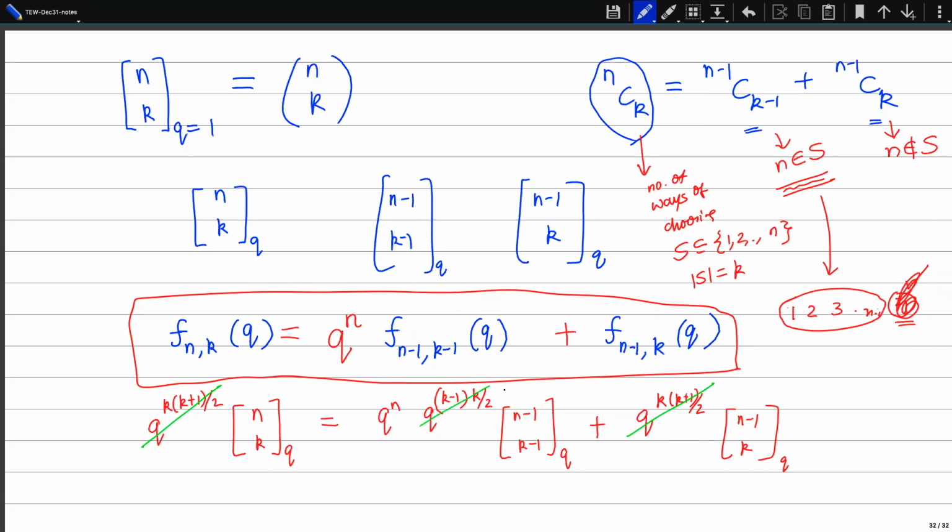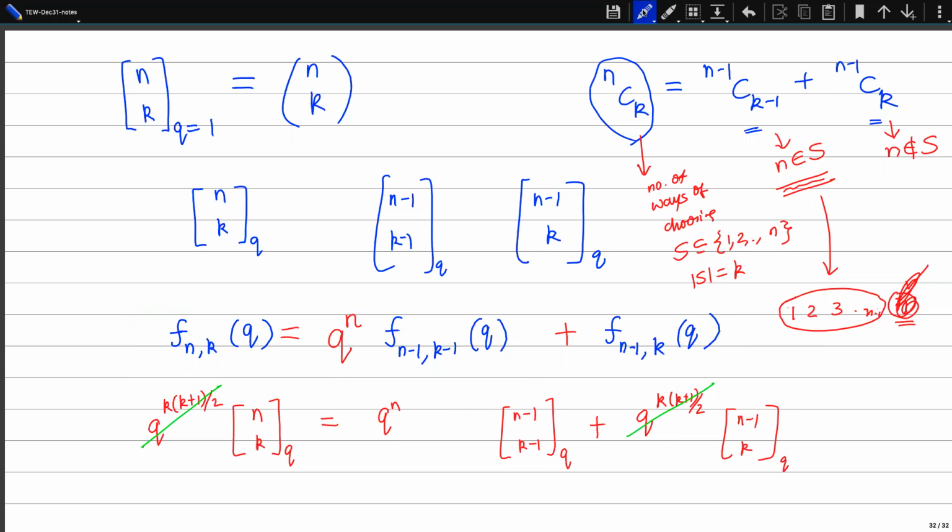Okay, so when I cancel one, I'm left with q to the minus k. That's left. Okay, so let me just do this here. So this is q to the n minus k. And that's the final answer. So after simplifying, here's what we get. Q to the n minus k times this plus this.